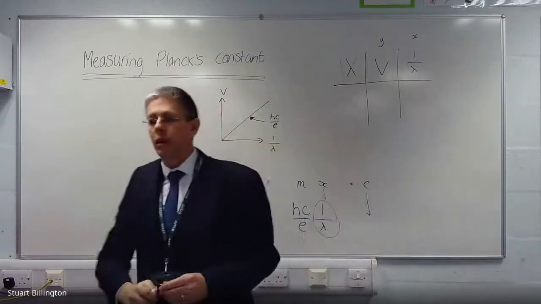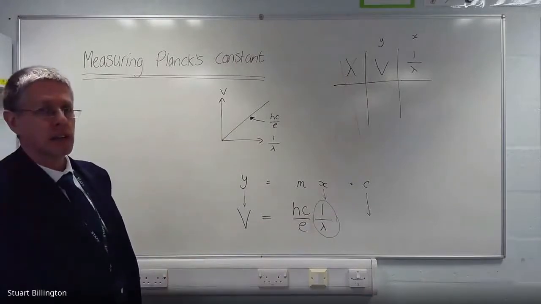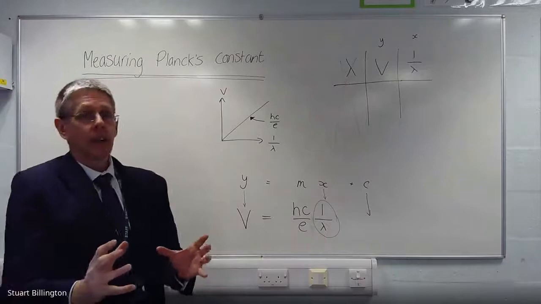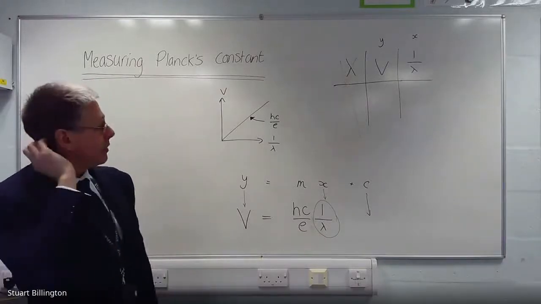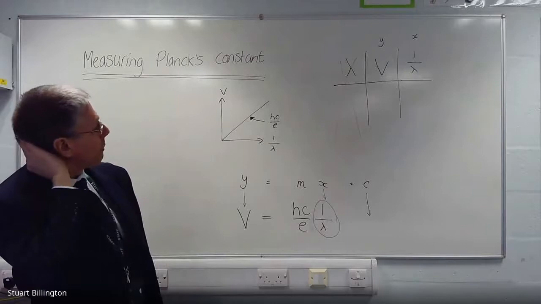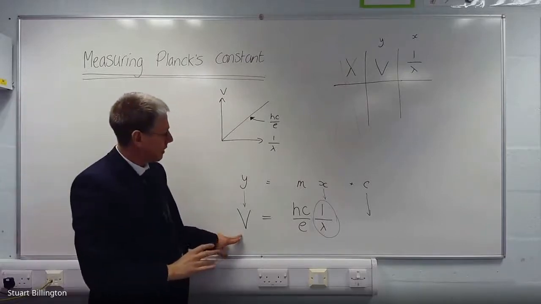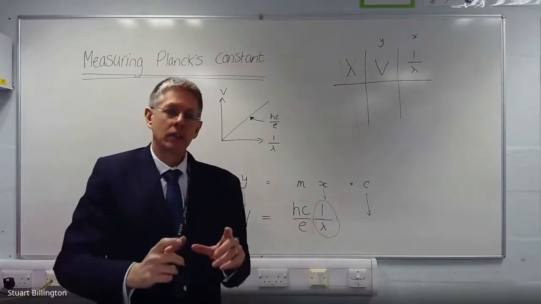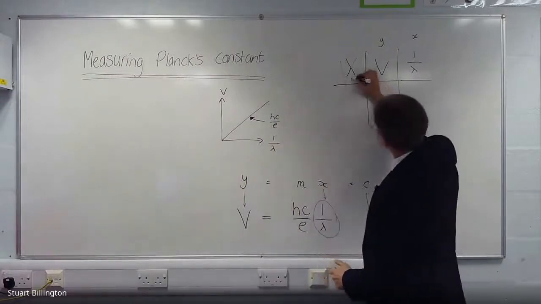Now, I suggest you just leap in and do that. What is likely to happen is that you're going to get power of 10 errors. Your V's are going to be fine, but your lambda's got nanometers in it. So if I were you, this is in 10 to the minus 9 of a meter.